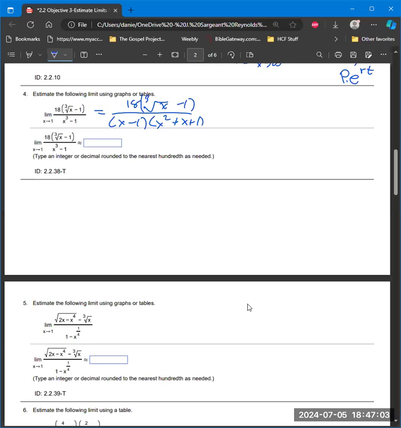I'm going to have to break that up now using the difference of cubes formula. So this is the cube root of x minus 1 times the cube root of x squared plus cube root of x plus 1 times x squared plus x plus 1. These will cancel.